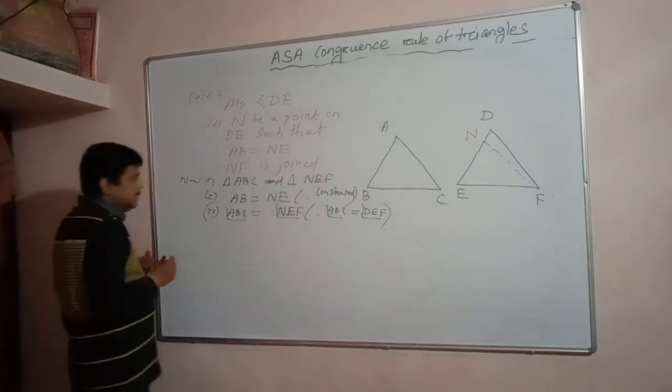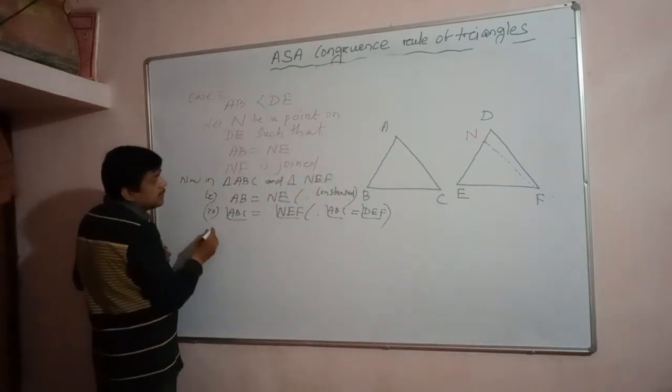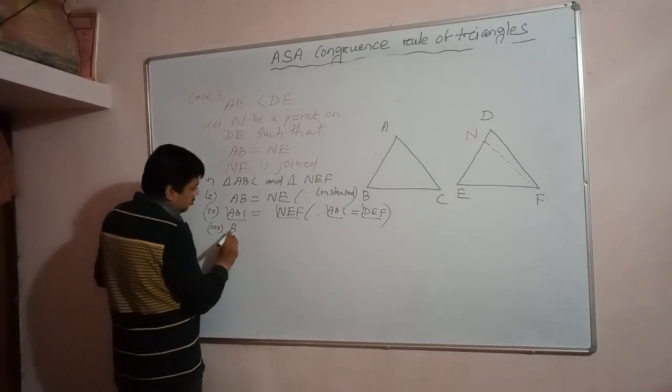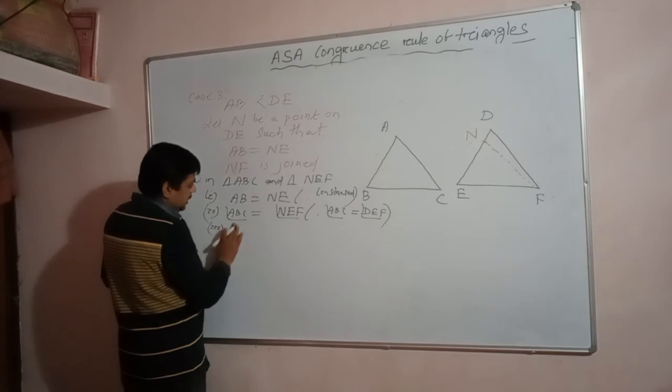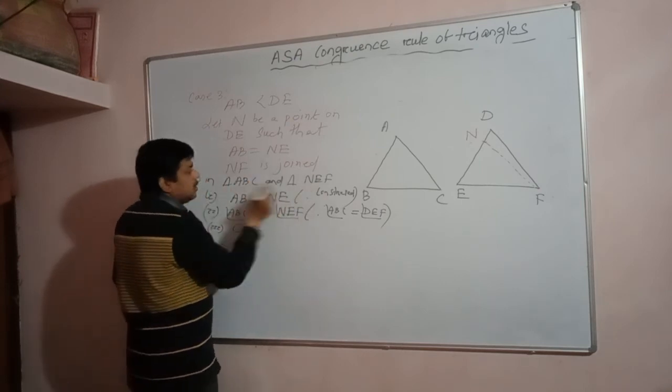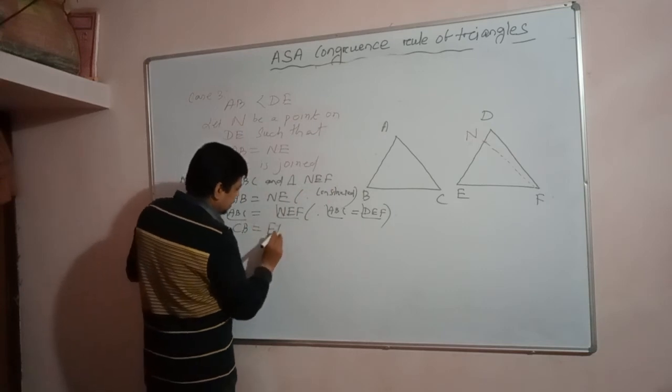It's also given. Third, what is given here? See, BC is equal to CB is equal to FE. It is also given.